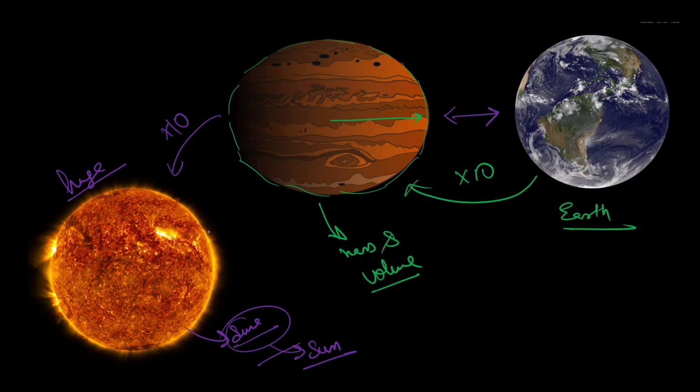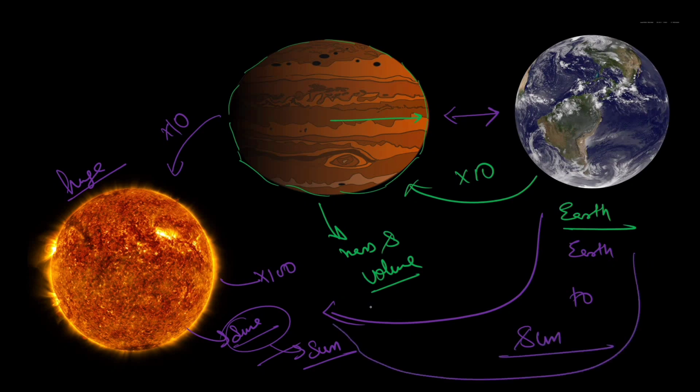Now we are going to start getting really wacky. You take the diameter of the sun, which is already 100 times the diameter of the earth. You multiply that times 100, and that is the distance from the earth to the sun. So I have drawn the sun here as a little pixel, and I didn't even draw the earth as a pixel because the pixel would be way too large.